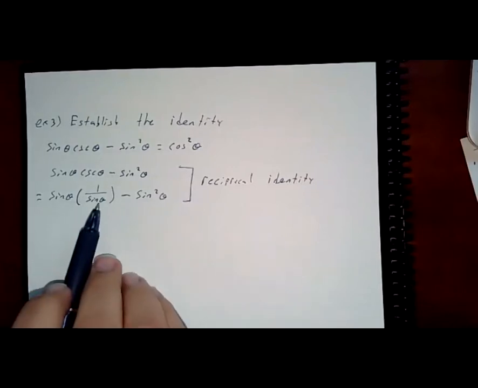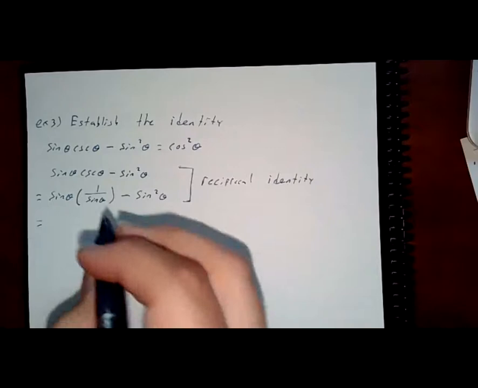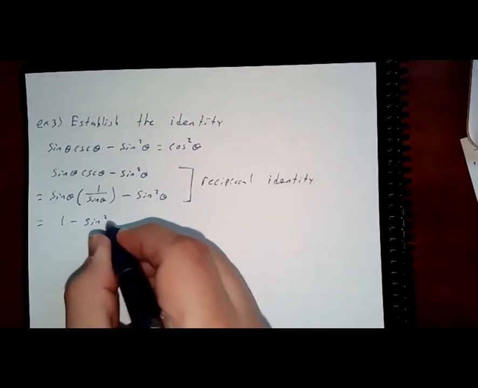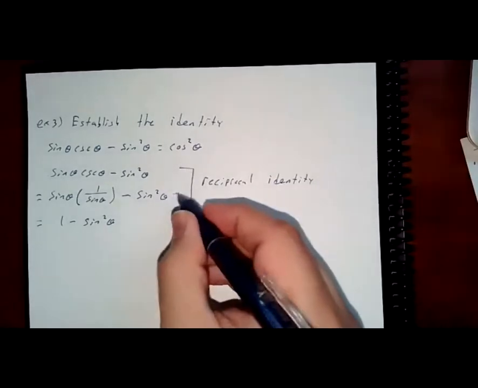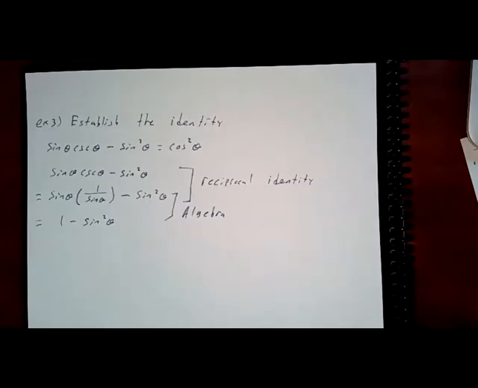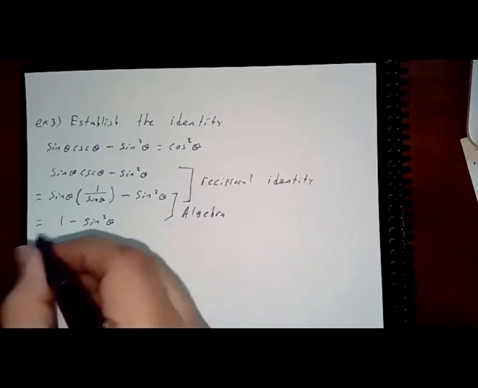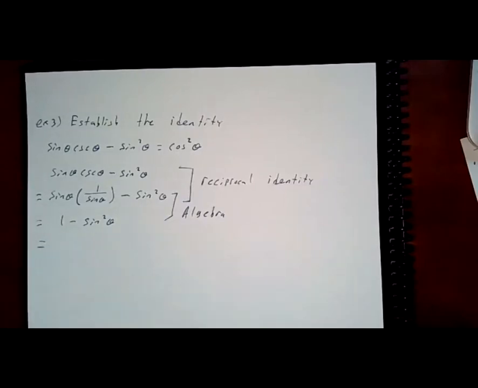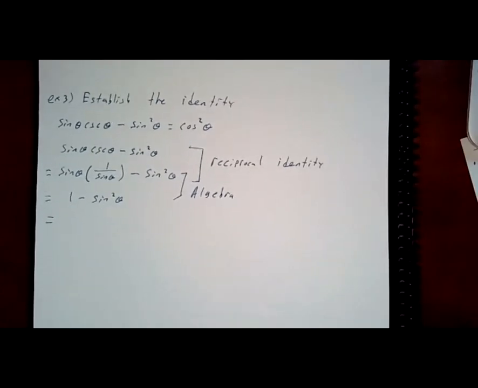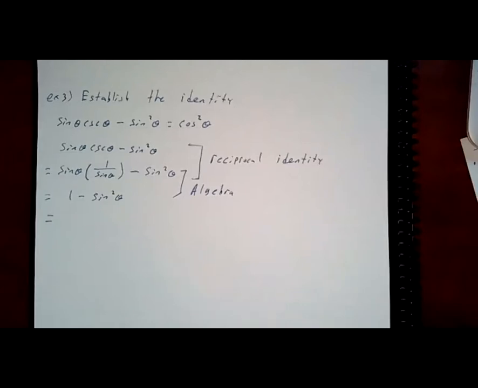So sine times 1 over sine, of course, will cancel, right? Leaving you with 1 minus sine squared. From here to here was just simply algebra. Now, what is 1 minus sine squared? In your identity page, cosine squared.